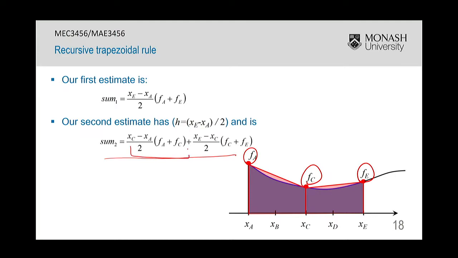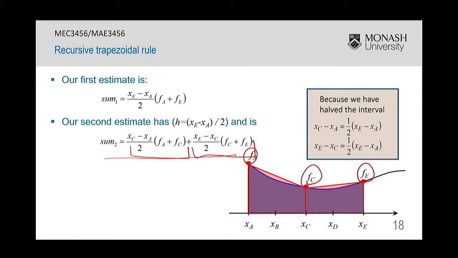This term here represents the first trapezoid, that term there represents the second trapezoid. Now, because we've halved the interval, xc minus xa is actually equal to just 1/2 of xe minus xa. Likewise, xe minus xc is just equal to 1/2 of xe minus xa.